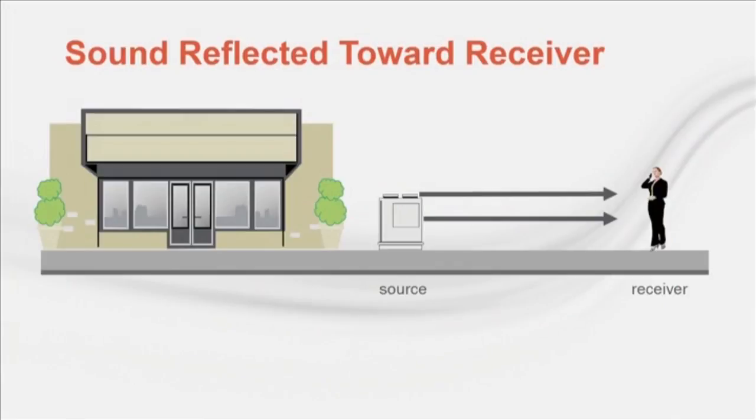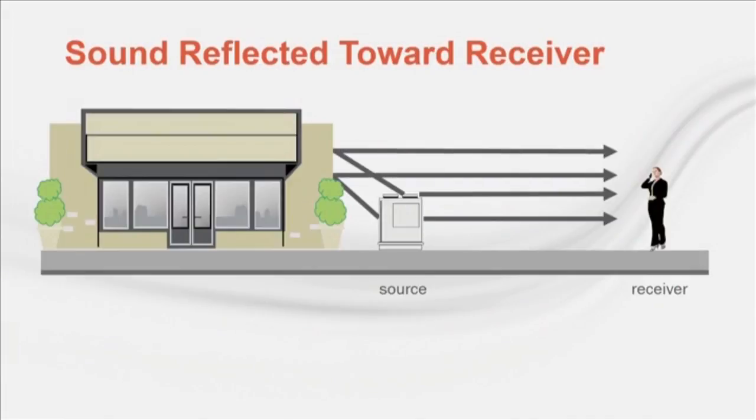As equipment is moved away from the building, the reflected sound contribution is reduced. In this case, the reflected sound has to travel farther to reach the receiver. It has to travel to the wall and then back to the unit before it's added to the direct unit sound.